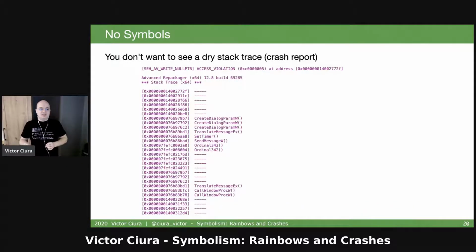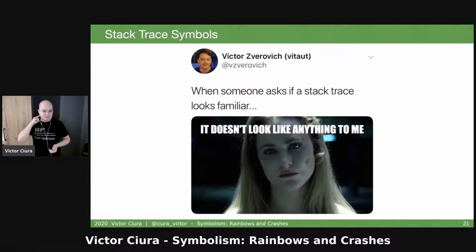So you don't want to see basically a dry stack trace, a crash report. This is what you would get from the client side when a crash occurred without having any symbols remotely. So you don't want to see this. You want to make some sense out of a stack trace that you receive from customer support.